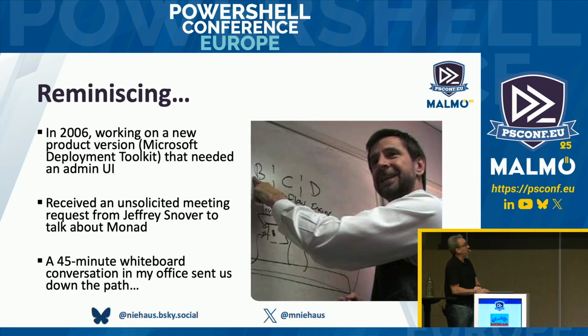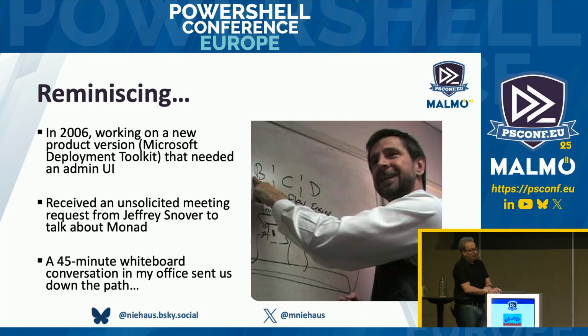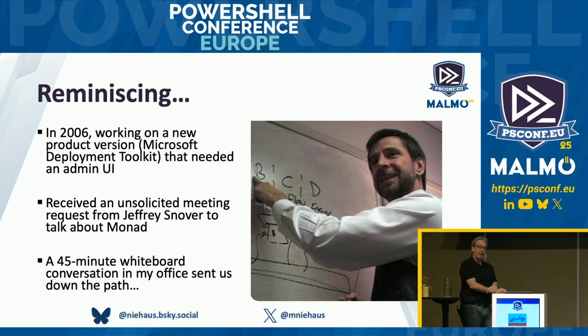We'll talk about the reasoning behind that, but I figured it's useful to start off with how this whole thing started. I started working at Microsoft in 2004, moved to Redmond in 2005. In 2006, sitting in an office, I get a random meeting request from this guy I've never heard of called Jeffrey Snover. He wants to talk. Fine, whatever. I'll take a meeting from a random person to see what they want to tell me about.